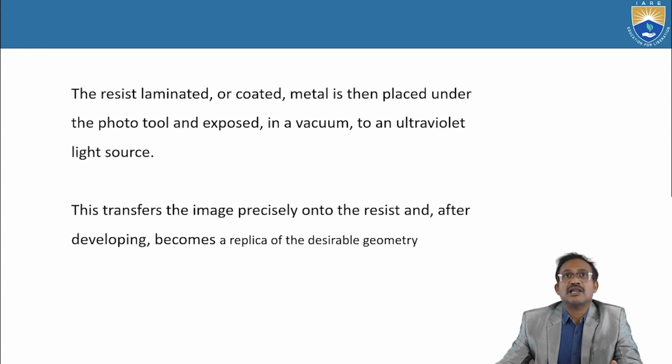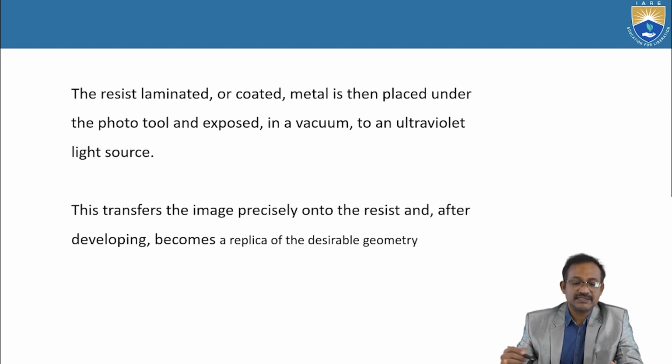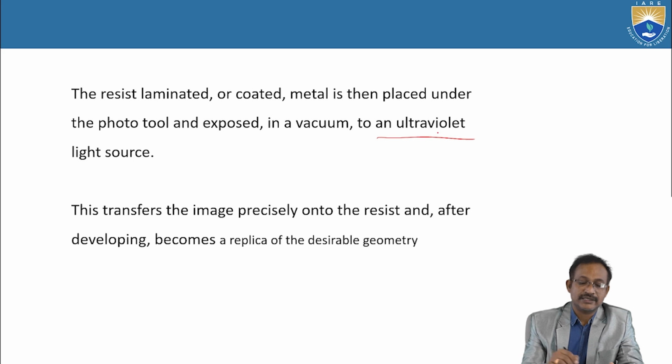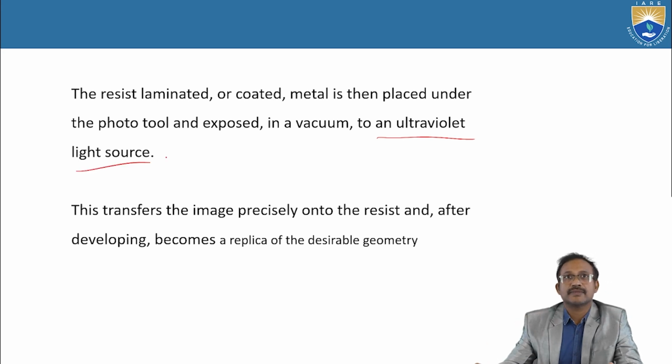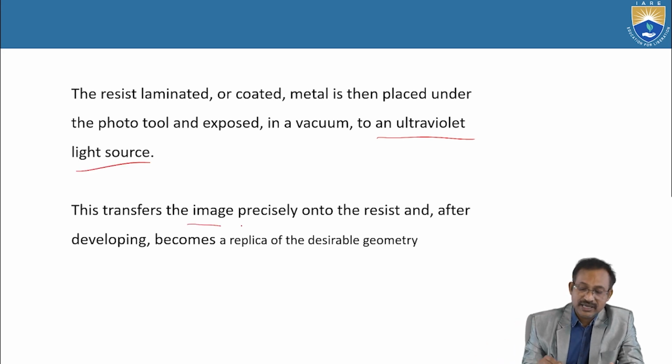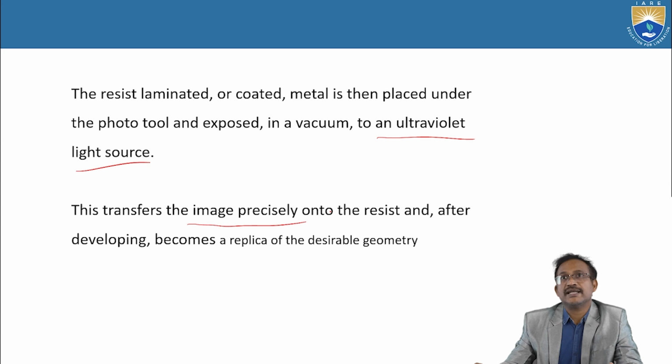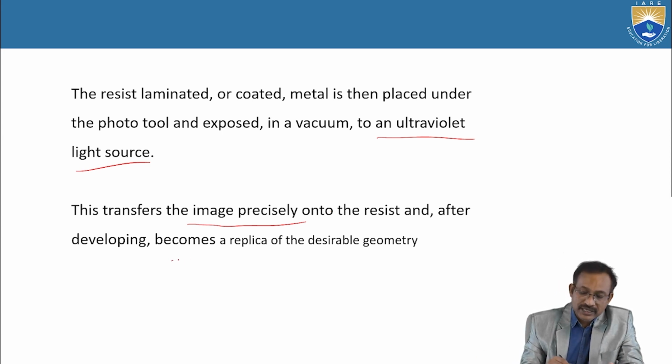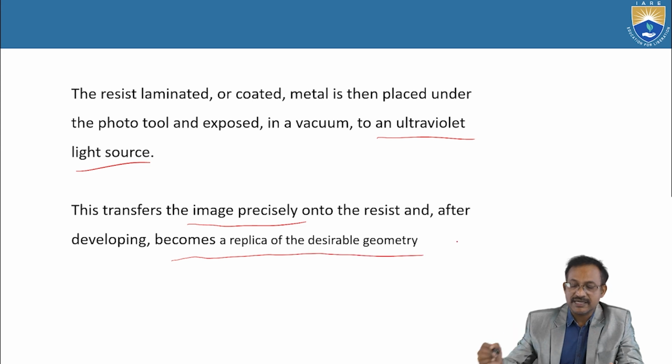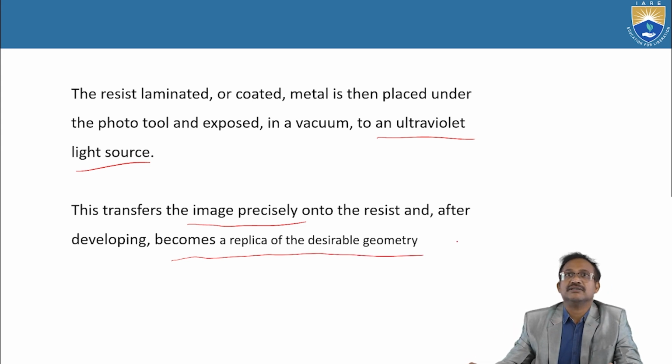The resist laminated or coated metal is then placed under the photo tool and exposed in a vacuum to an ultraviolet light source. This transfers the image precisely onto the resist. After developing, it becomes a replica of the desirable geometry.